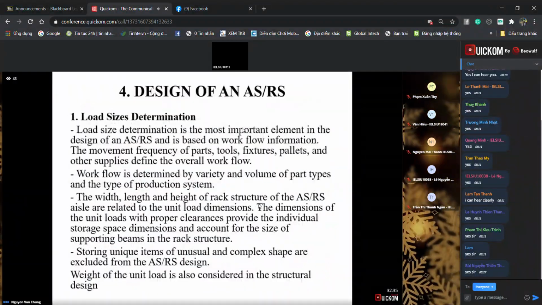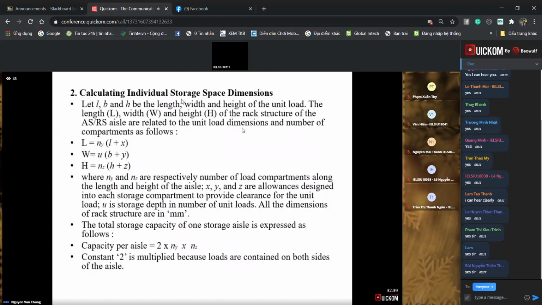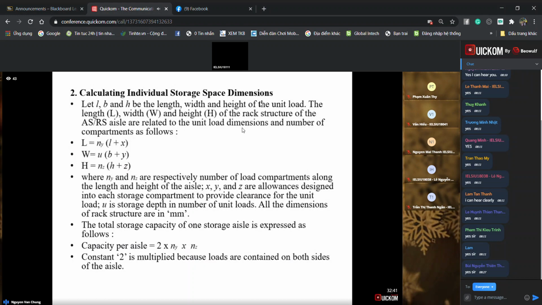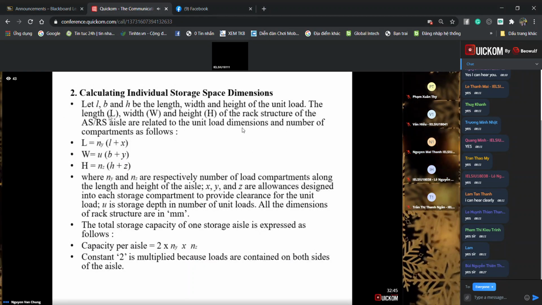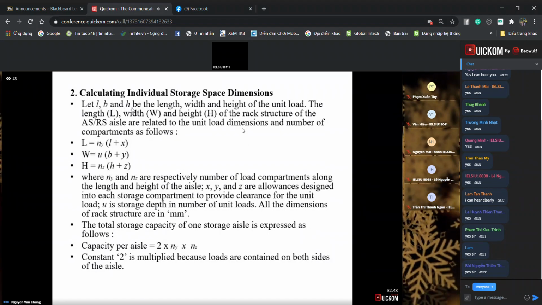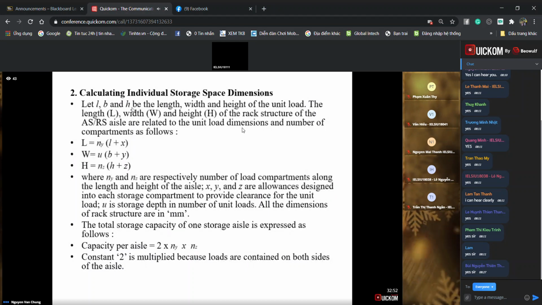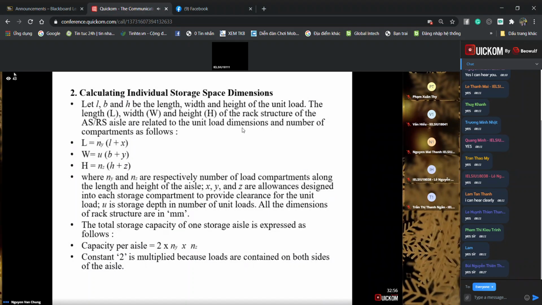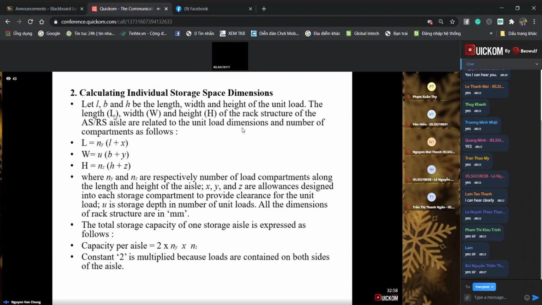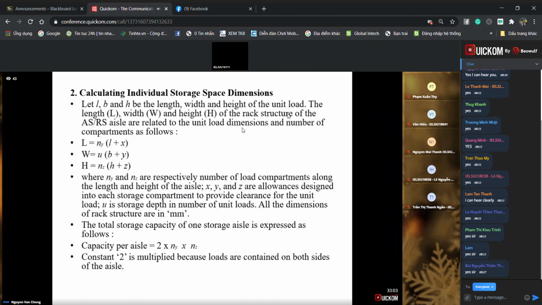Okay, so now calculating the individual storage space dimension. Lowercase l, w and h are the length, width, and height of the unit load. And capital L, W, H are the length, width, and height of the rack.